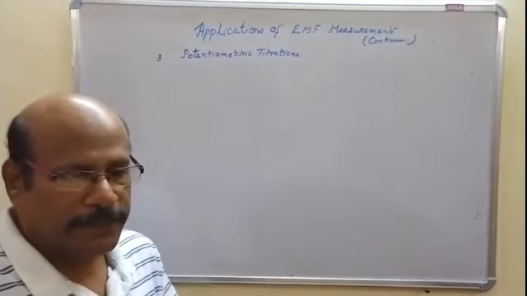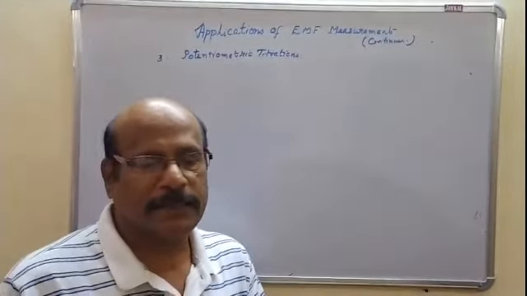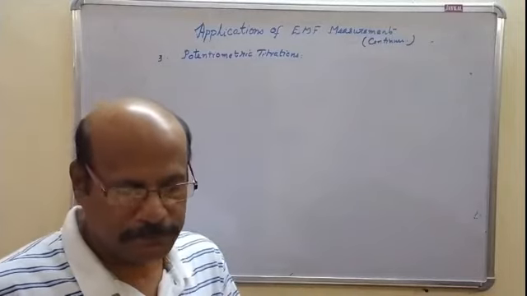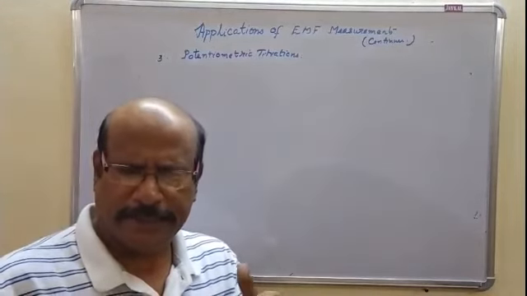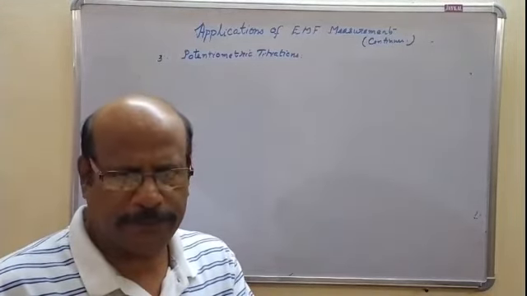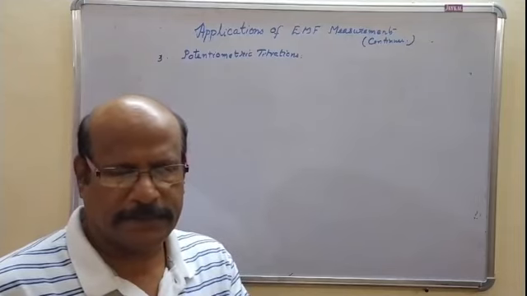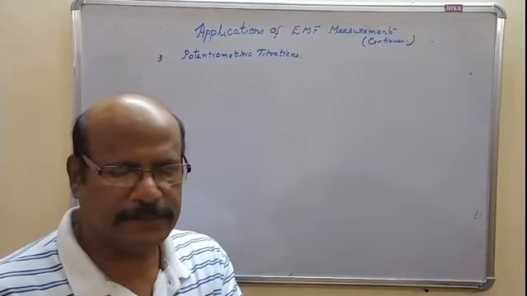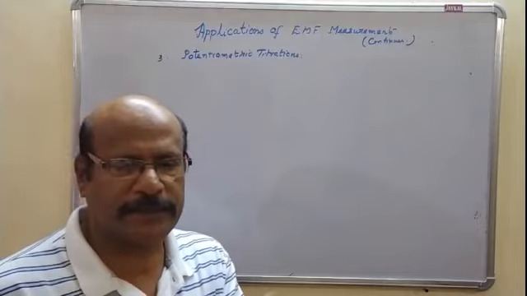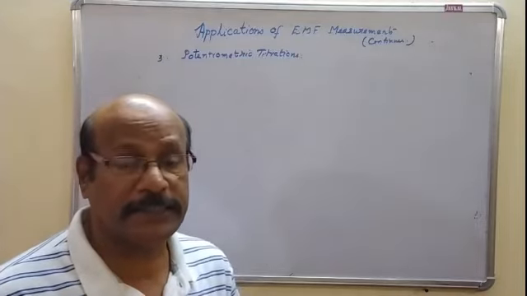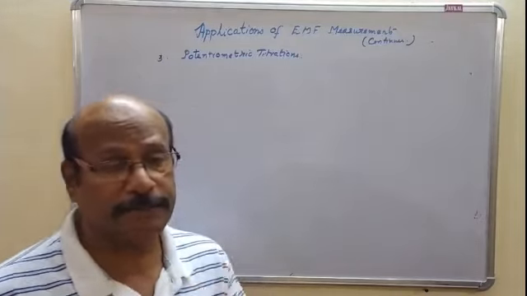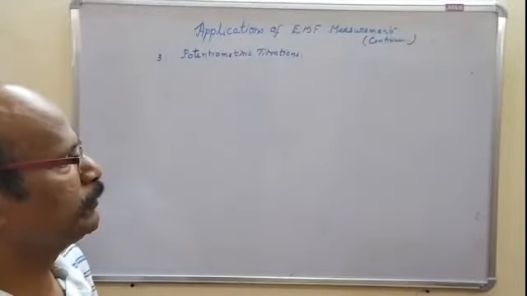The EMF is then plotted against the volume of the titrant. There is a gradual change in the EMF until the endpoint is attained; then, on a small volume addition of the titrant, there occurs a sudden change in the potential. That is the endpoint in the case of potentiometric titration.